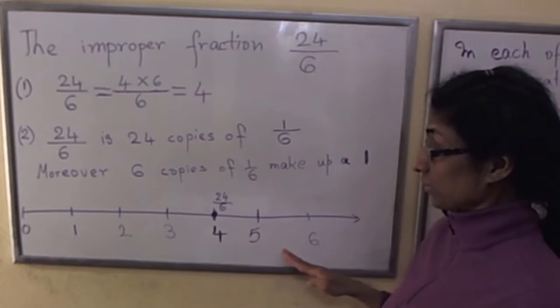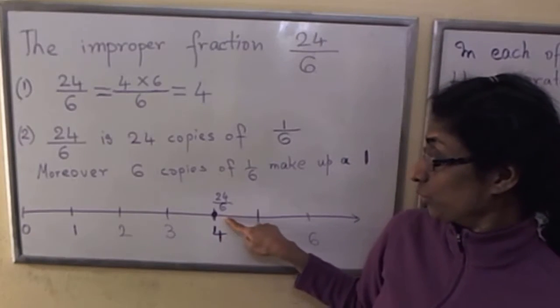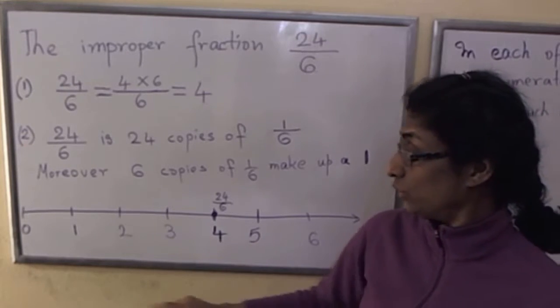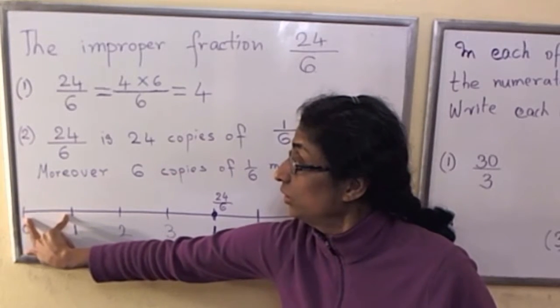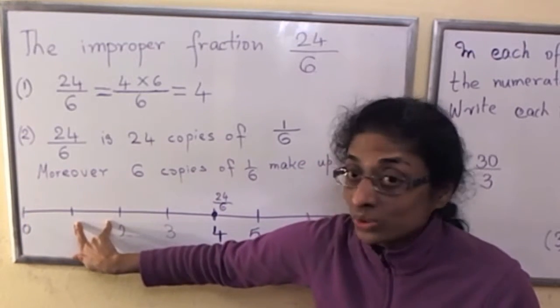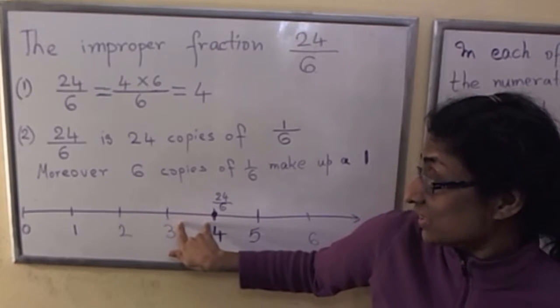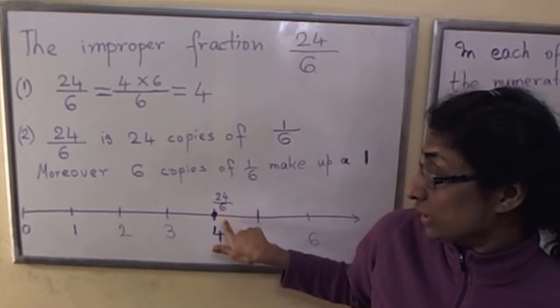So let's look at it on the number line. Here's your 24 over 6 that matches with 4. Six of those 1/6's are in here, another six 1/6's are in here, another six and another six. That's how you'll get your 24 over 6.